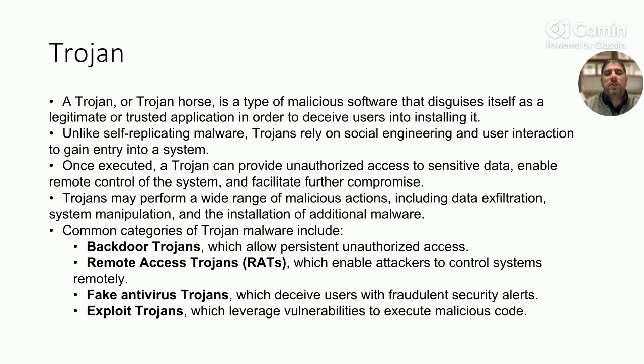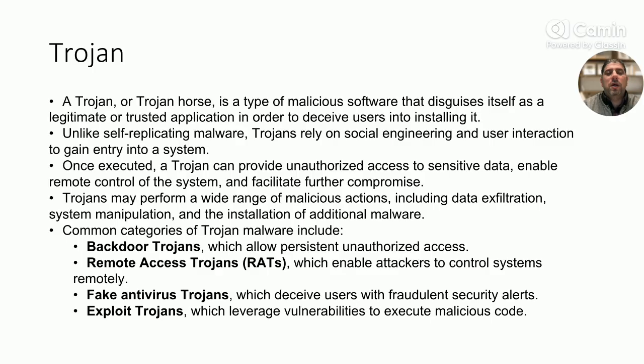A Trojan, or Trojan horse, is a type of malicious software that disguises itself as a legitimate or trusted application in order to deceive users into installing it. Unlike self-replicating malware, Trojans rely on social engineering and user interaction to gain entry into a system.